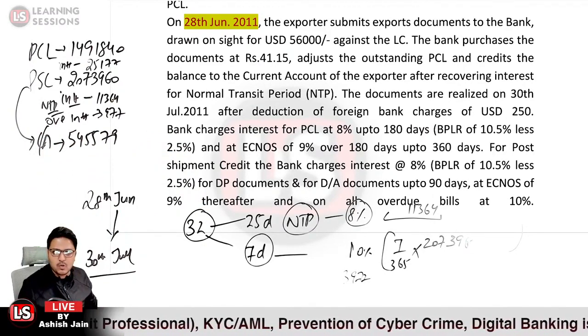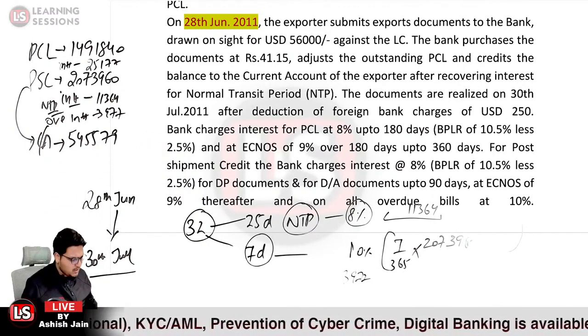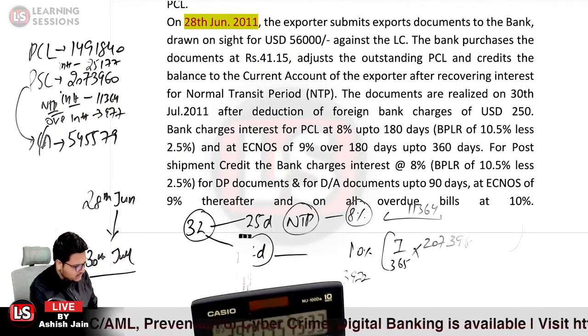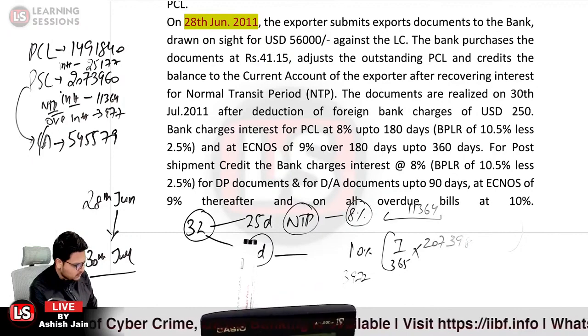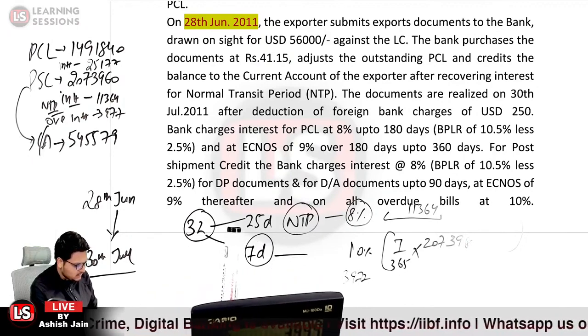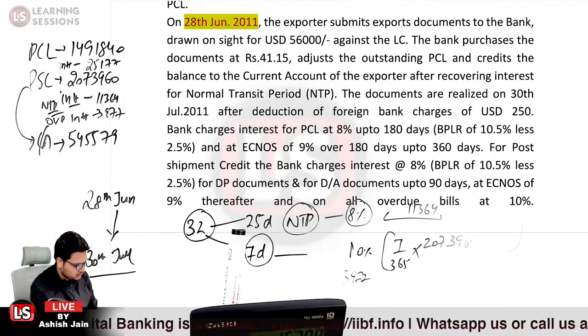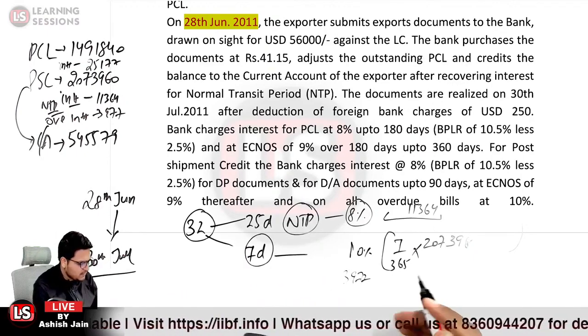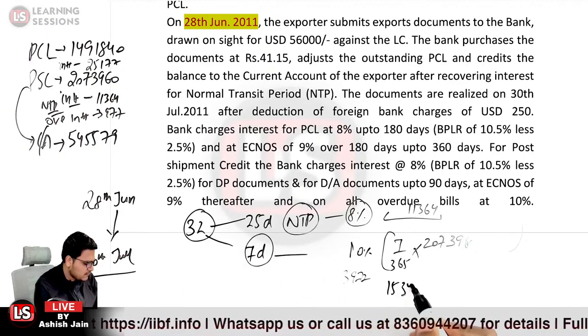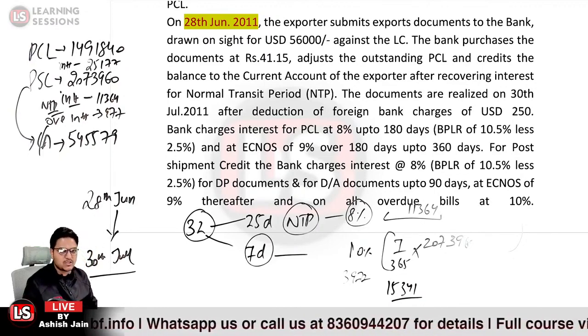So what will be the total interest that will be charged? 3977 plus 11364. That is the answer, 11364 plus 3977. It is 15341. That is the interest that will be charged.